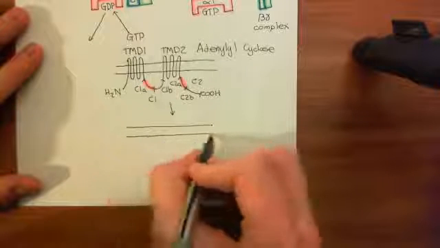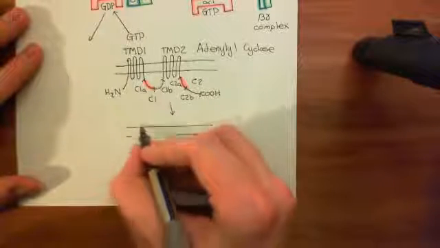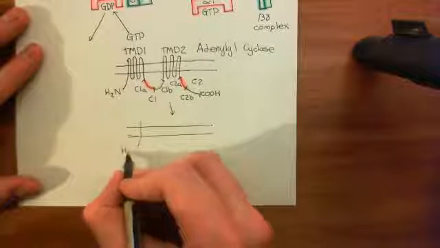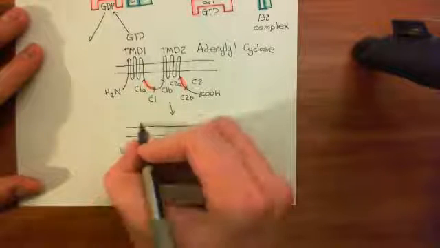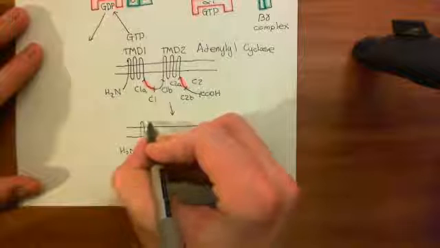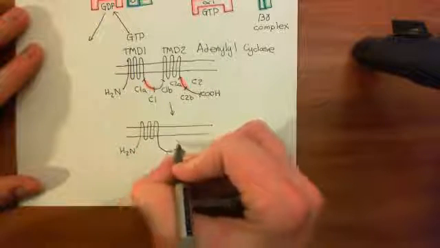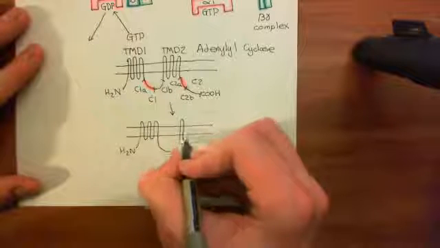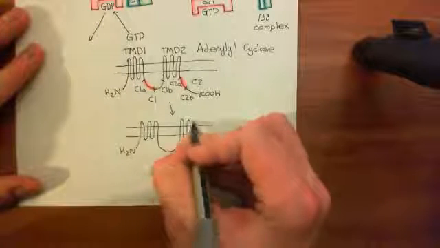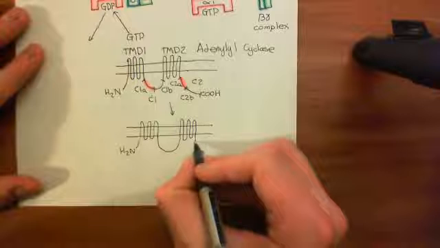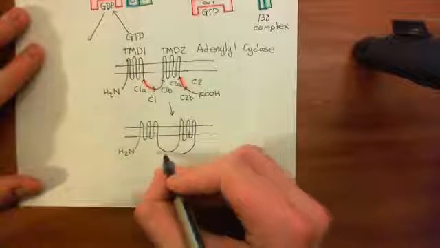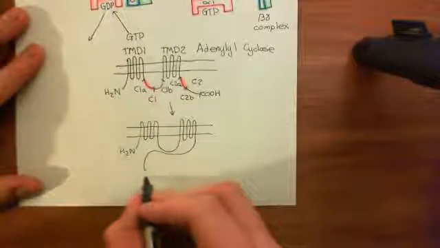So let me show this. Here's the plasma membrane, then we have the amino terminal here. Then 6 membrane-spanning alpha helices together as transmembrane domain 1, then this C1 loop, then these 6 membrane-spanning alpha helices which make transmembrane domain 2, and then the C-terminal tail here.